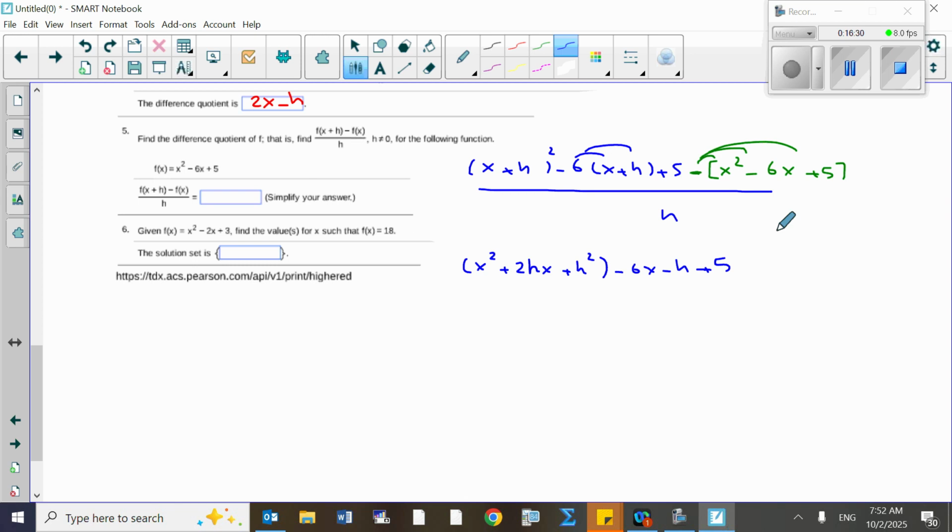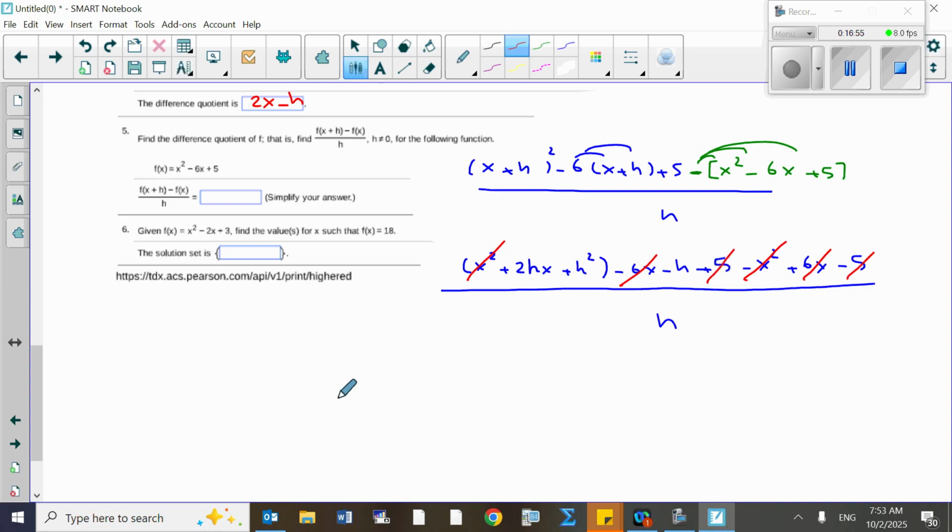Now distribute this negative: negative x squared. Negative times negative makes it positive 6x, and this will be negative 5. Now let's get rid of the terms that are similar and opposite each other. The ones that cancel each other are x squared and negative x squared, negative 6x and 6x, 5 and negative 5.